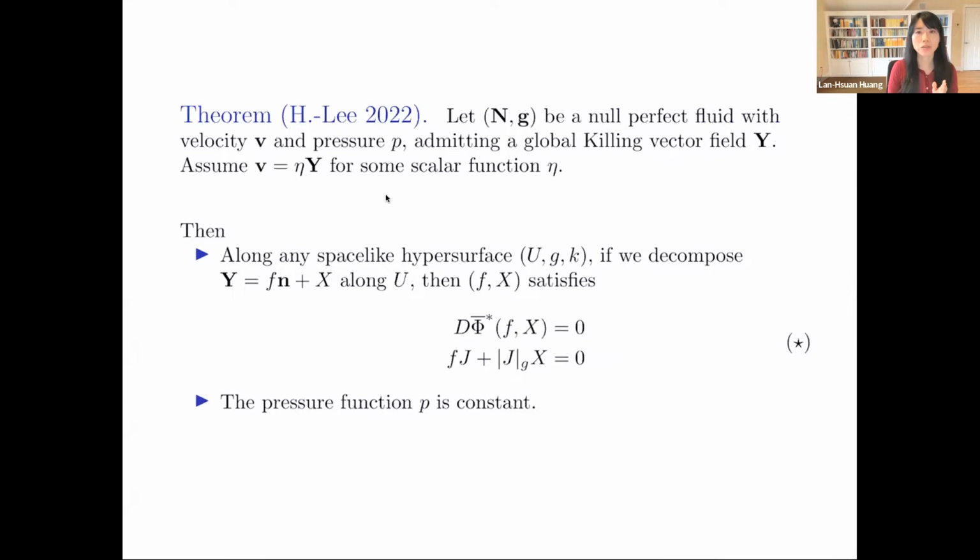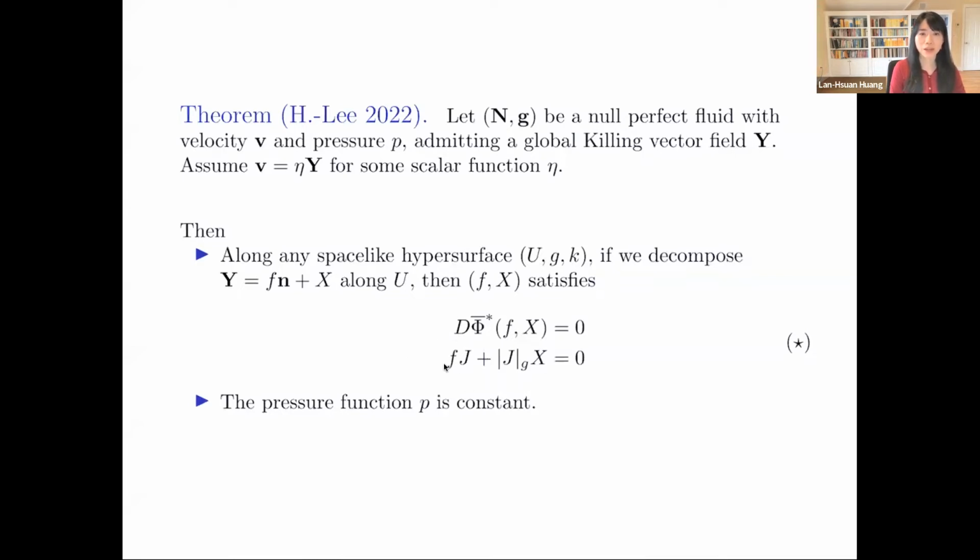if we decompose the Killing vector field into the lapse and shift, F and X, then this will satisfy this equation. So you will be in the kernel of our modified adjoint. Furthermore, we actually have this equation.